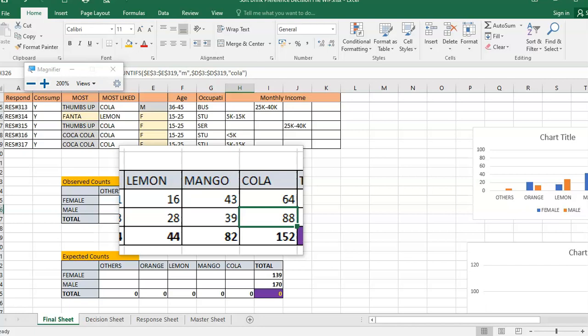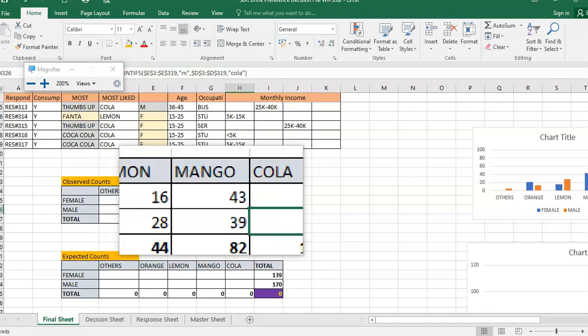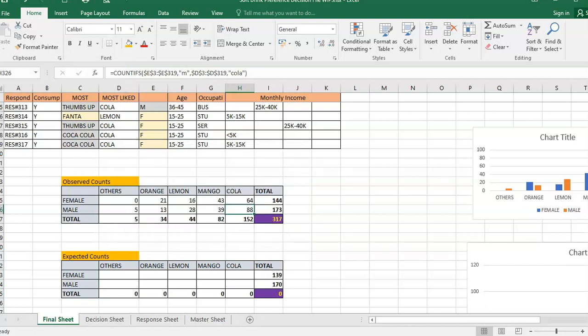So now let us have a look at this. These are known as observed counts. The observed counts gave us a table like this, and in total we have got 317 respondents.